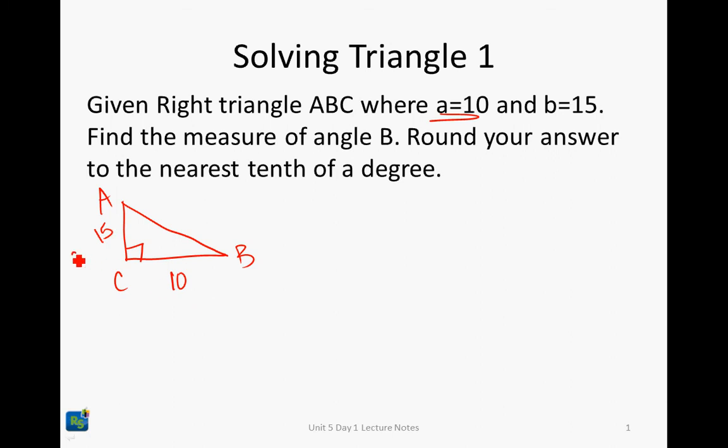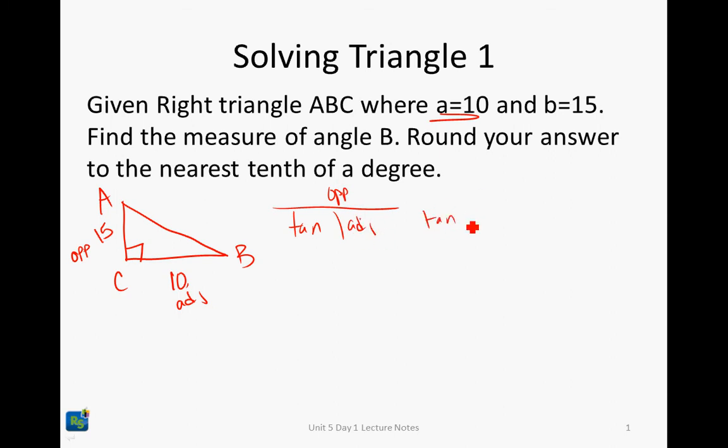So I was given the opposite side and the adjacent side, and that's the first thing you need to do. You need to figure out what side you were given in relationship to your angle so you know which trig function to use. And I know the tangent function deals with opposite and adjacent.